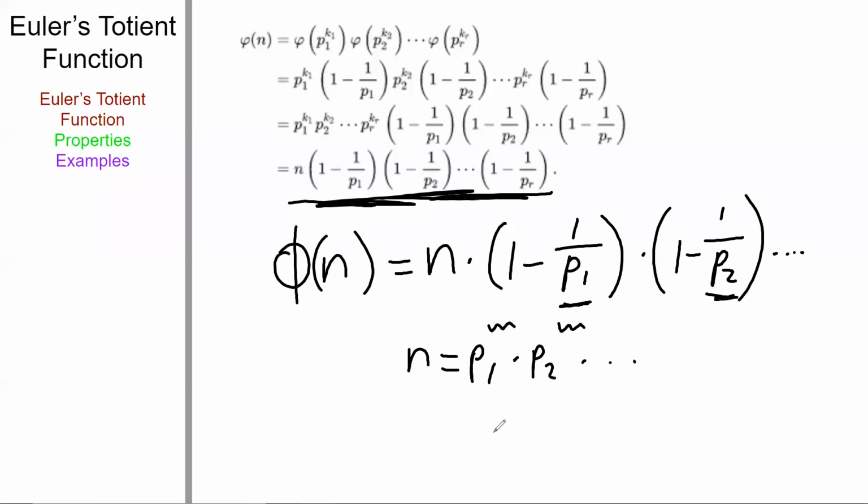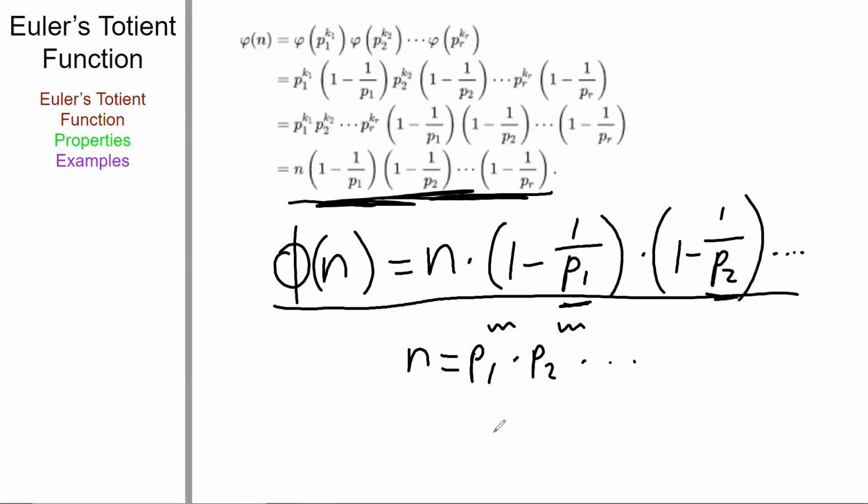So does everybody understand this formula for the phi function? So basically the phi function is the number of numbers less than n that are relatively prime to it.